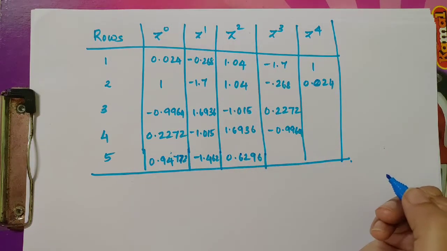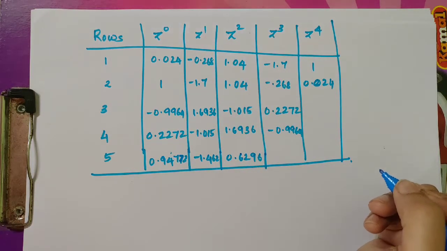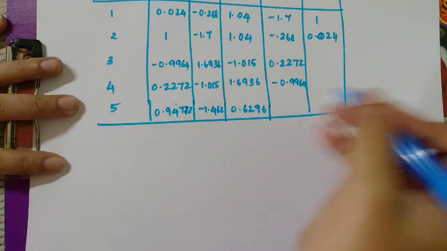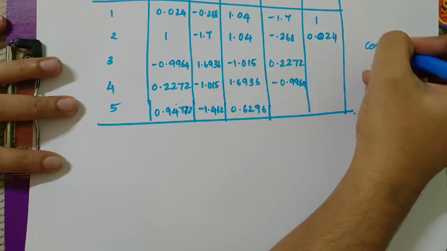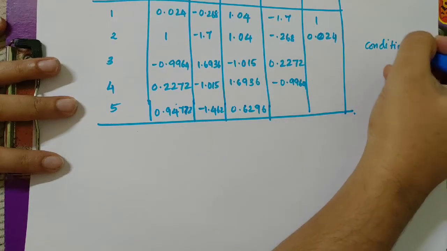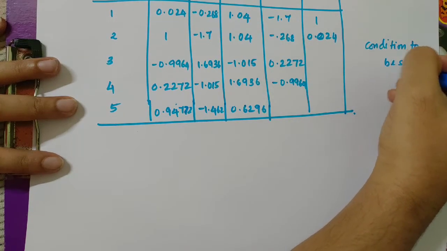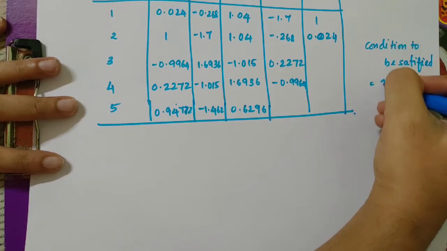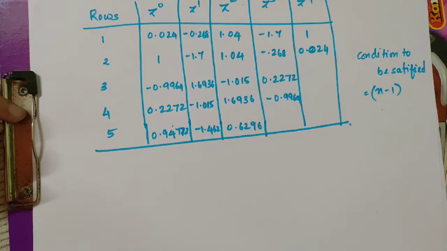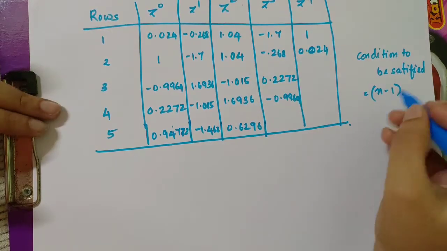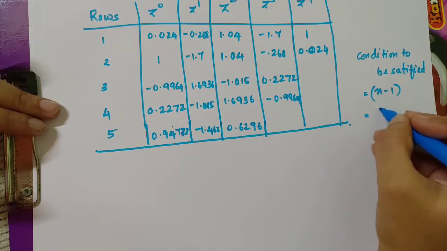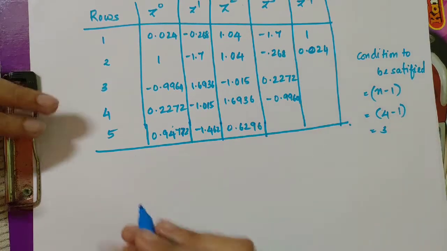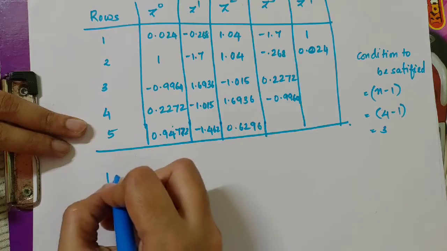Okay, the table is filled. Now the conditions to be satisfied. How many conditions must be satisfied? n minus 1, equal to 4 minus 1, that is equal to 3. 3 conditions must be satisfied. Which are they?